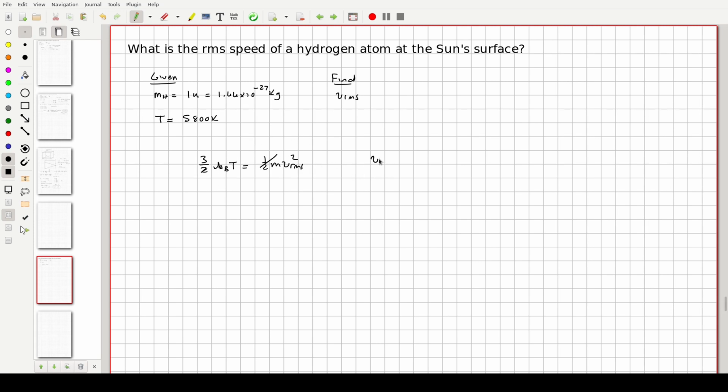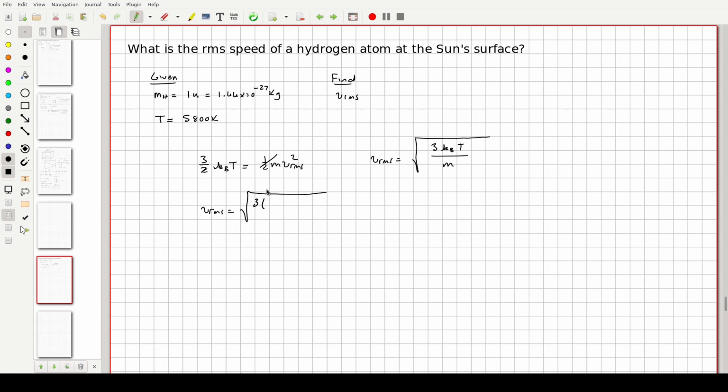If I solve for v RMS, that is going to be the square root of 3 k sub B times T divided by m.